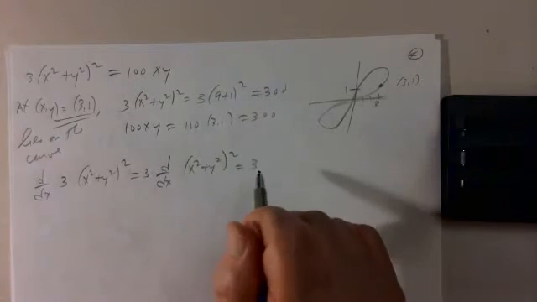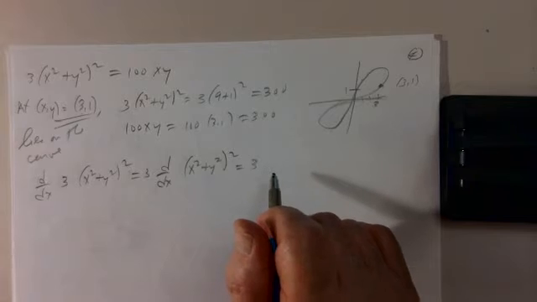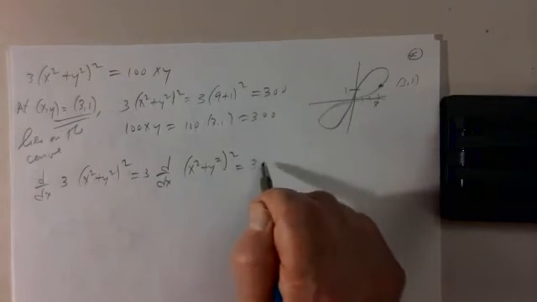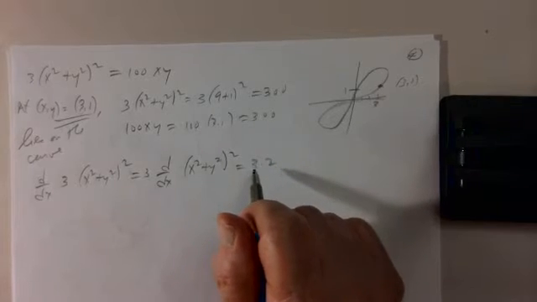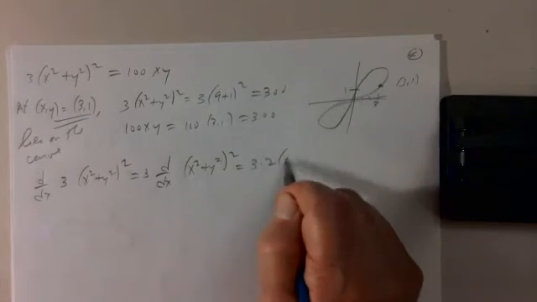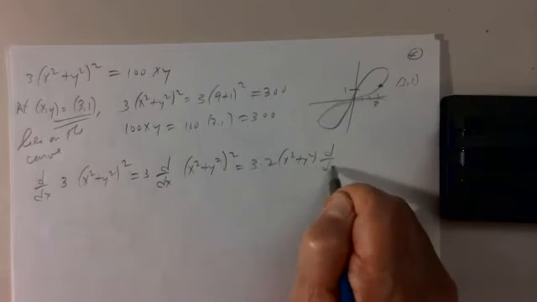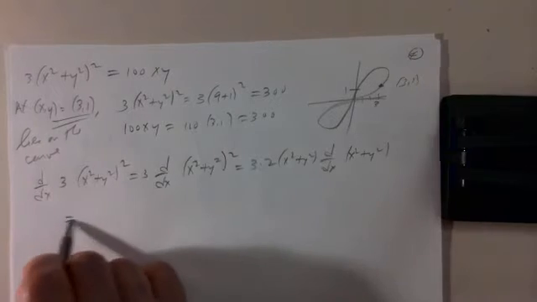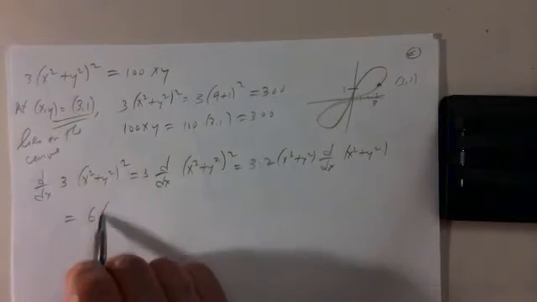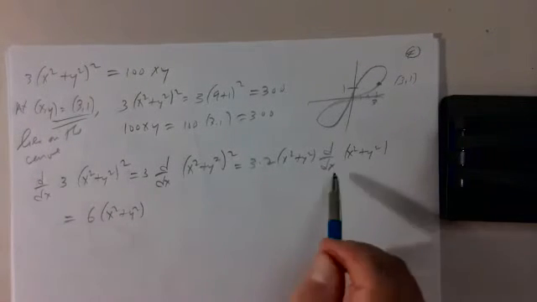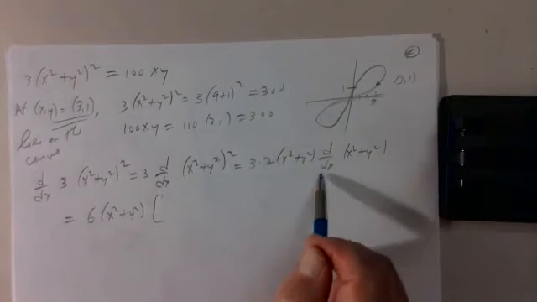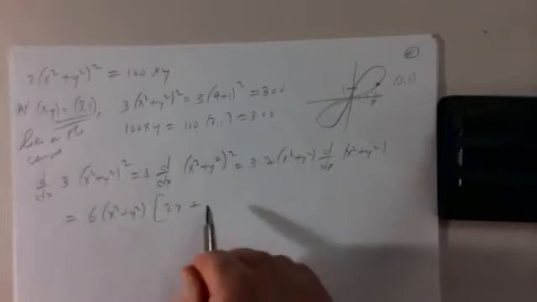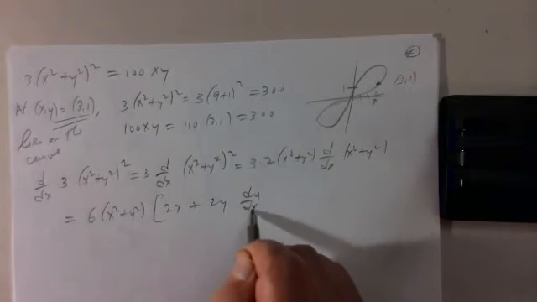So that's 3 times 2 times (x squared plus y squared) times the derivative of x squared plus y squared. Let's see, 3 times 2 is 6, (x squared plus y squared). The derivative of x squared with respect to x is 2x. The derivative of y squared with respect to x is 2y dy/dx.